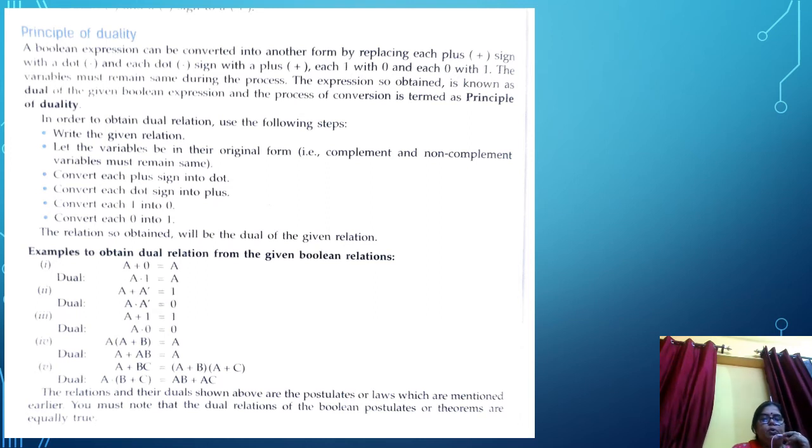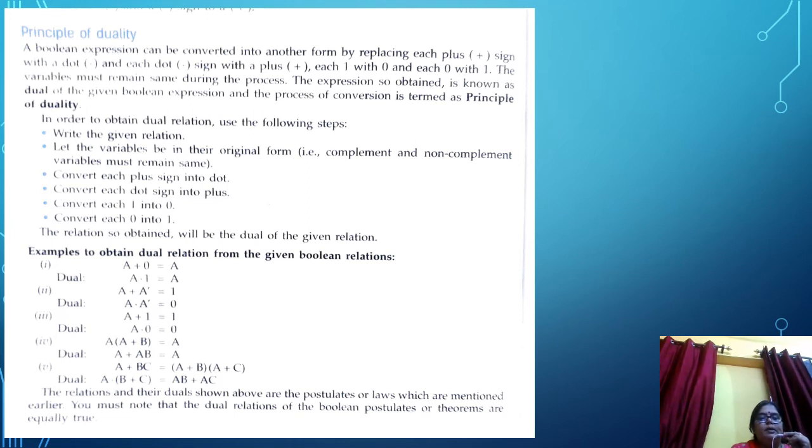A plus 0 will be A, and the dual of the form, A dot 1, will also be A. So what will be the duality? The variable will be the same. The sign will change. Plus will become dot and 0 will become 1. So if A plus 0, what will be the answer? A. But the dual of it will be A dot 1.